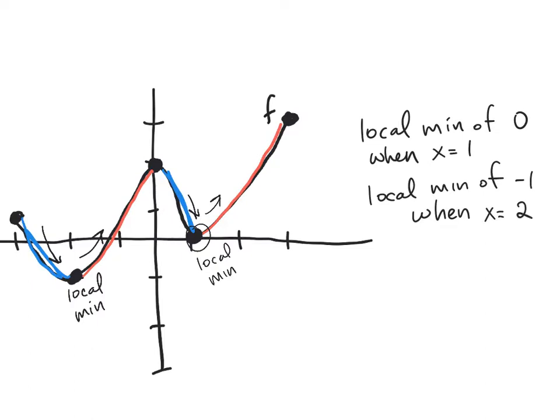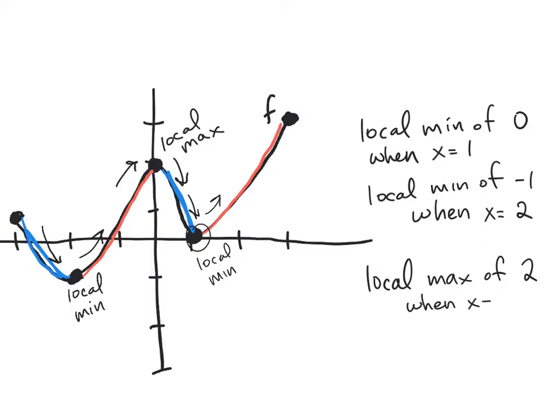So we have two local minimum values. Now here we have a local maximum value because the function is switching from increasing to decreasing. So here we have a local max. So there's a local max of 2 when x equals 0.